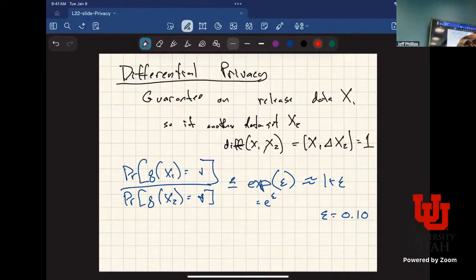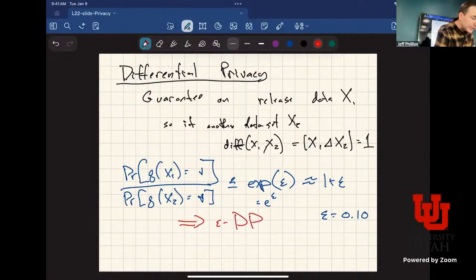This would imply epsilon differential privacy, which we often abbreviate as DP.